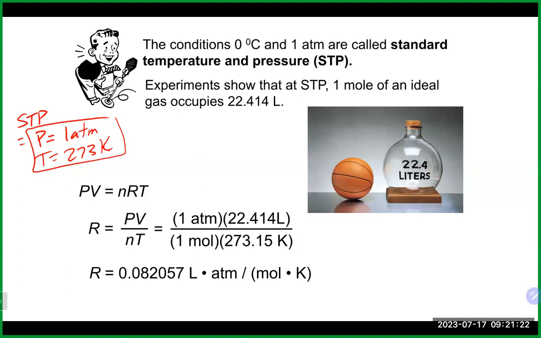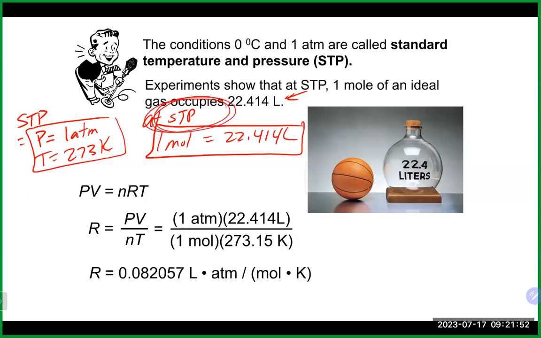Now, if you happen to find yourself at STP, there is a relationship and a conversion factor that you could use that will allow you to sidestep using the ideal gas law. If you are at STP conditions, this relationship comes into play: 1 mole of any gas will have a volume of 22.414 liters. It can only be used at STP conditions.